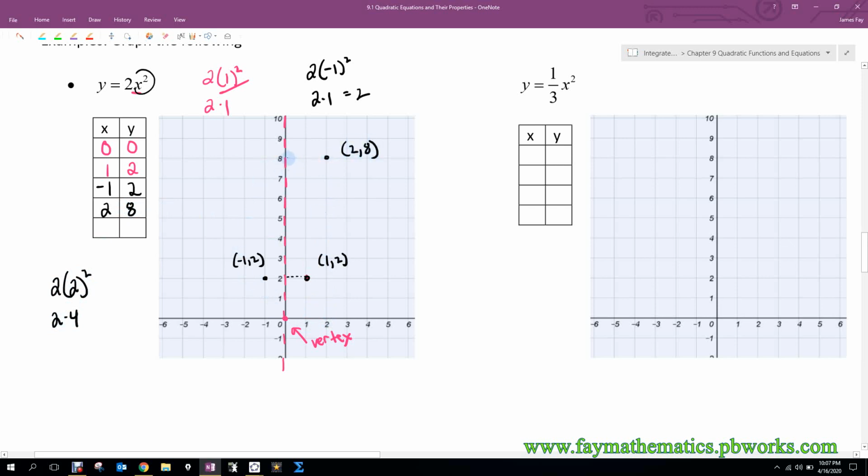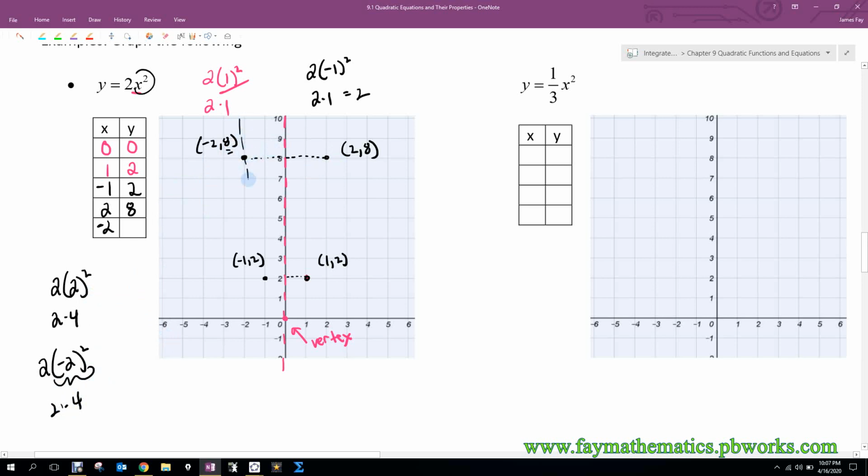Now, likewise, if I were to fold on the pink axis of symmetry, this point is going to land over here at (-2, 8). And if I tried negative 2, you can verify this. 2 times negative 2 squared. Well, negative 2 times negative 2 is 4 again, so now I have 2 times 4, which still gives me the same 8 right there.